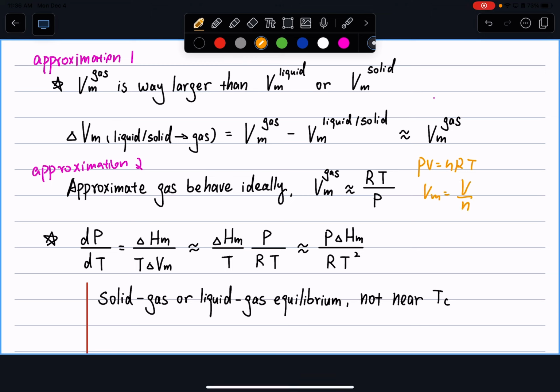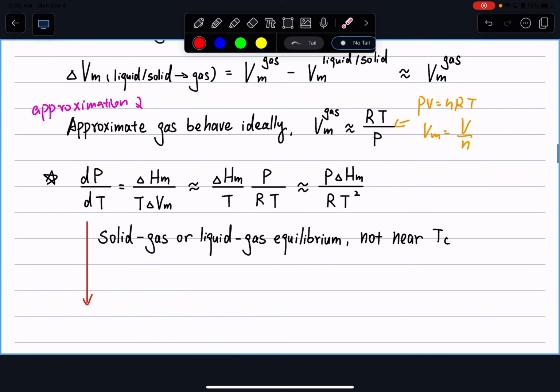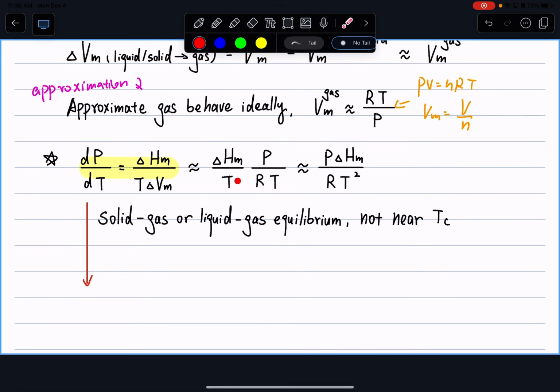So these are the two equations we're using to get to this expression. Then what do we know using our Clapeyron equation? This is the original form of our Clapeyron equation. We have dP over dT roughly equal to delta H molar enthalpy over T times the change of your molar volume. In this case, we can rewrite this as delta Hm over T times pressure times RT.